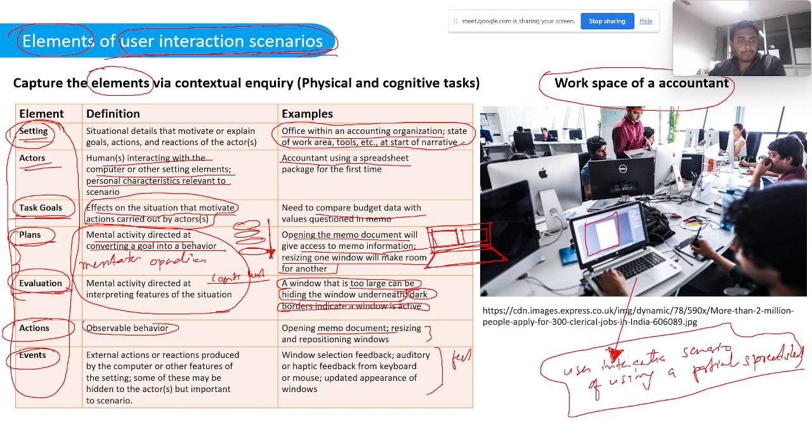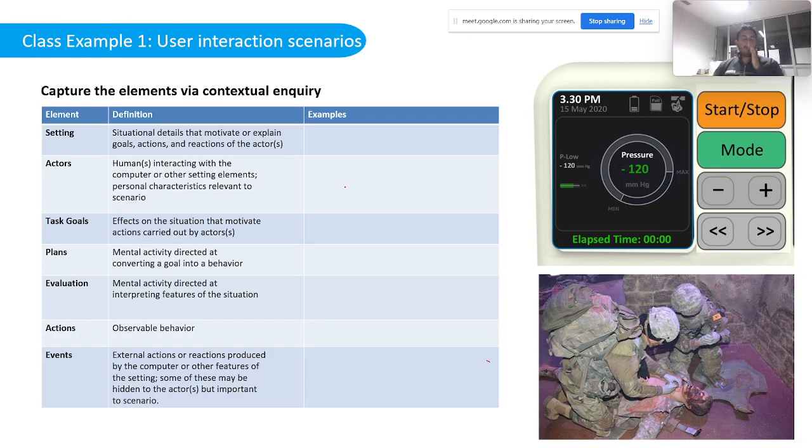Okay, so let me give you an example. Now you need to help me in identifying these key elements. Here is a scenario.